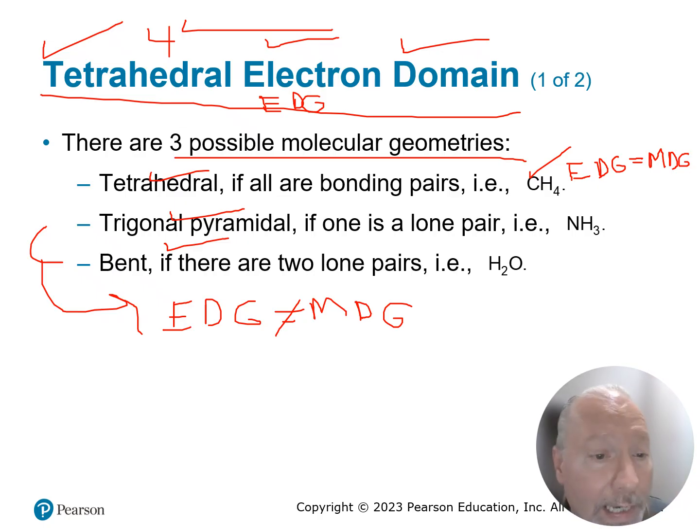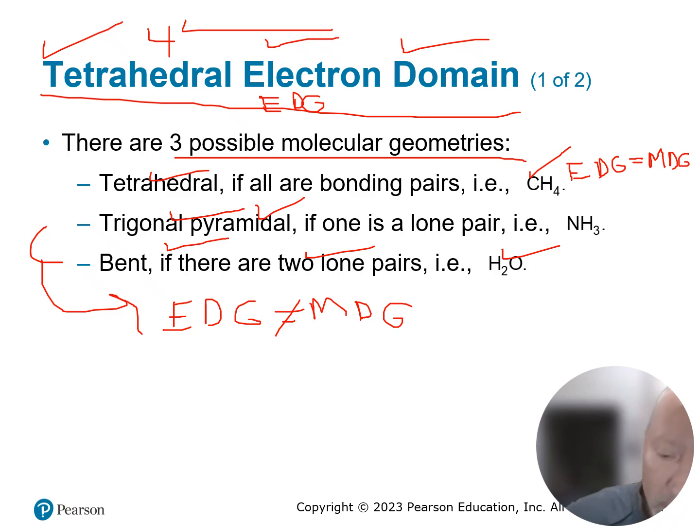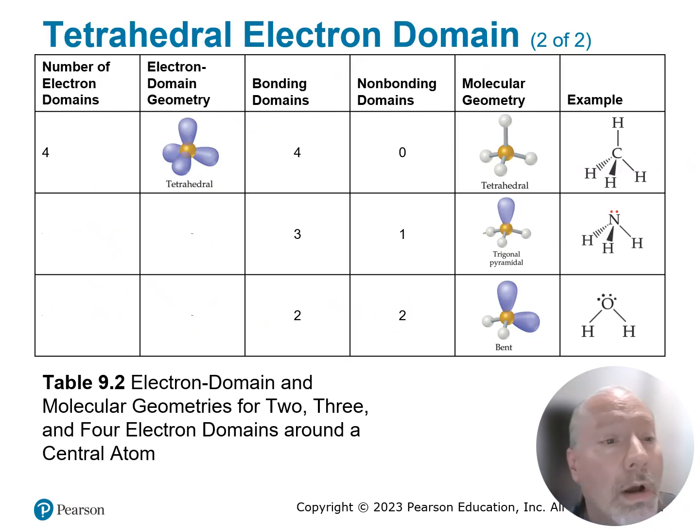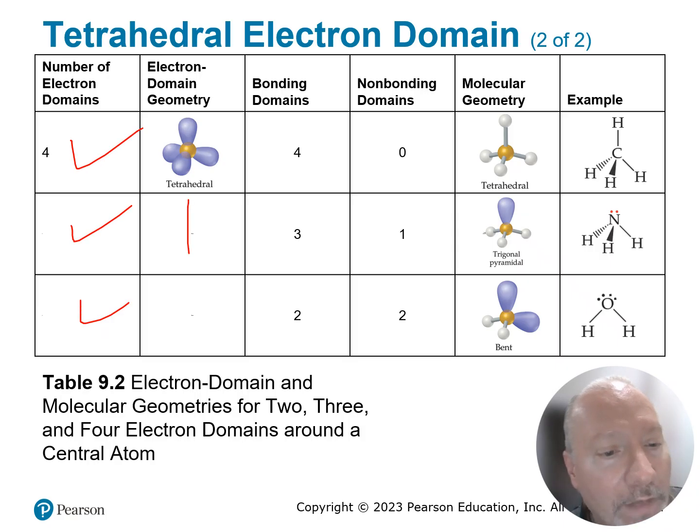We can have three bonded domains. We would then have a trigonal pyramidal system. We could have only two bonded domains and two lone pairs. We would have water, which is bent. So let's take a look at this. For this example, we have four electron domains, four electron domains, four electron domains. All of the electron domain geometry is the same for all of these molecules, which is tetrahedral.